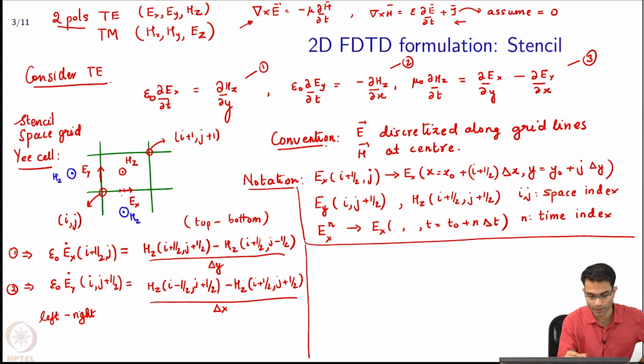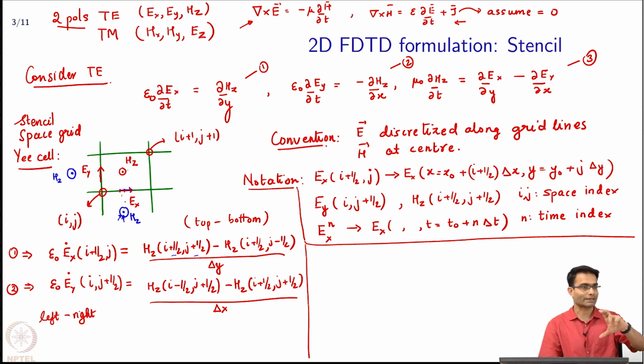This red and this blue over here are involved in giving me Ex information. Look at the first one, the time derivative of Ex. What are the values being subtracted? Hz at I plus half, j plus half, that is this guy over here, and I plus half, j minus half, that is this guy over here.